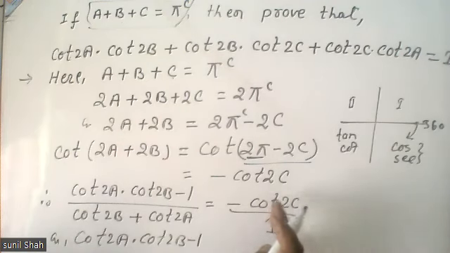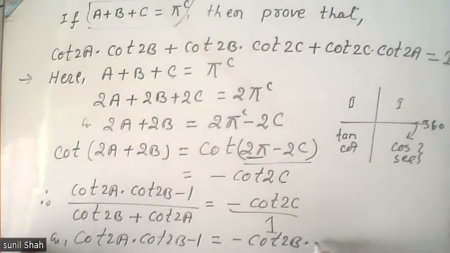But this minus cot 2C gets multiplied by this. So this is equal to minus cot 2B times cot 2C. Again minus cot 2C will be multiplied by this, so this will be again minus cot 2C into cot 2A.